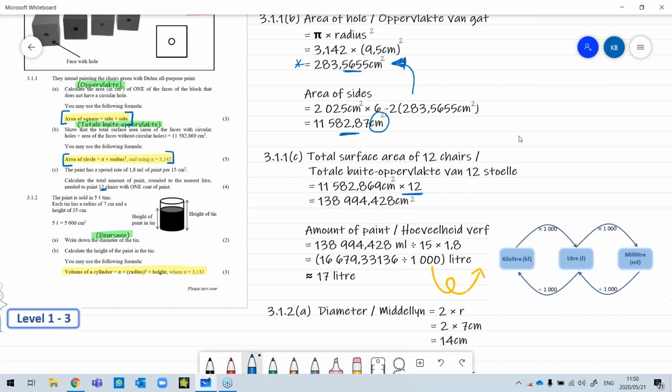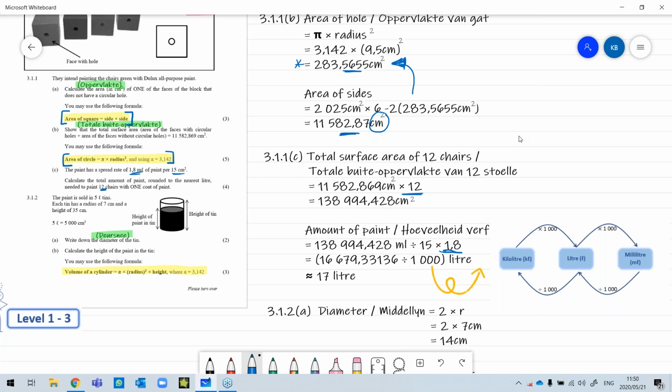This gives us an answer of 138,994,428 square centimeters. Our next step will then be to take that answer and divide it by 15. The reason we divide it by 15 is because there is a spread rate of 1,8 milliliters per 15 square centimeters. So we divide it by 15. And then we multiply it by the spread rate of 1,8 milliliters, I apologize.